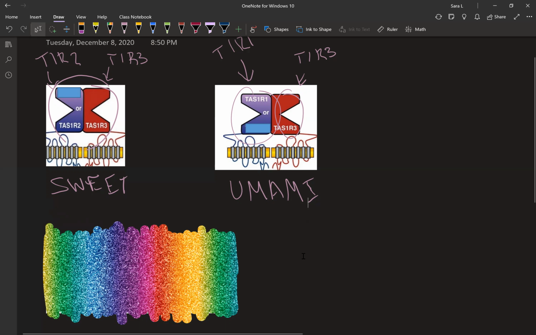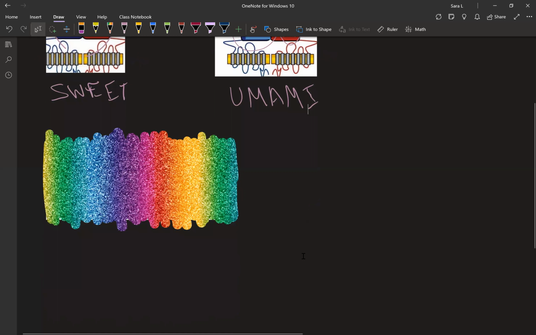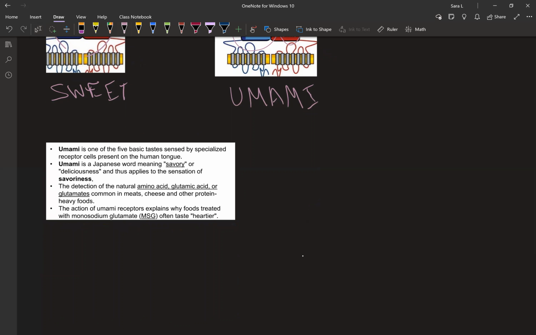Just to look at umami before we get into it, it's, as we know, one of our 5 basic tastes. It is derived from the Japanese word meaning savory or deliciousness. So this is our sense of savory.